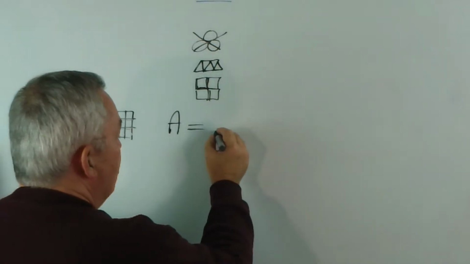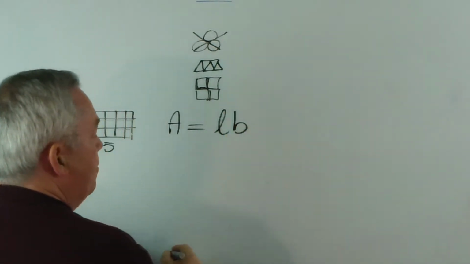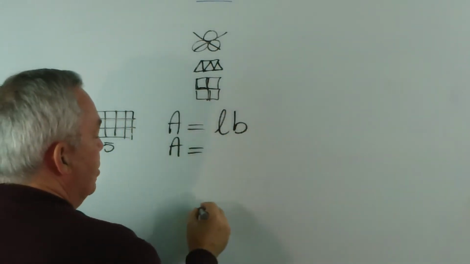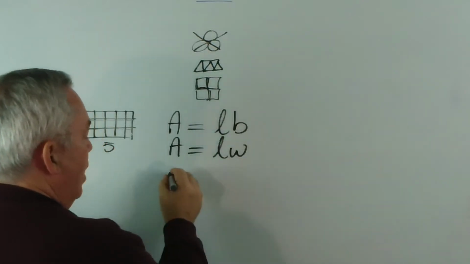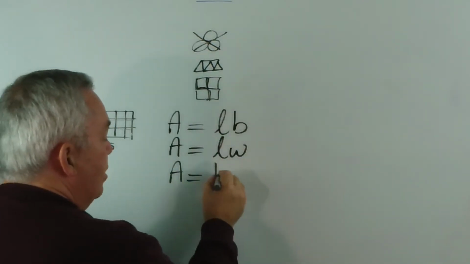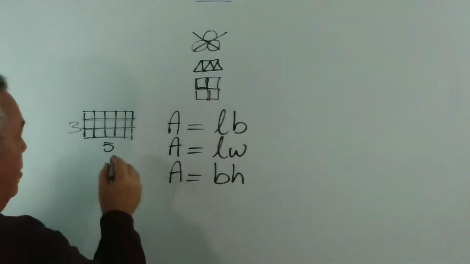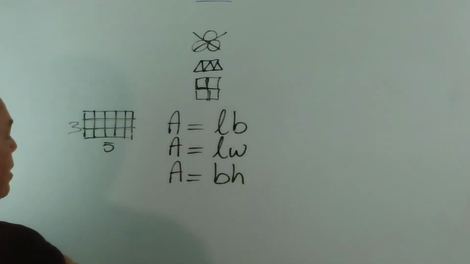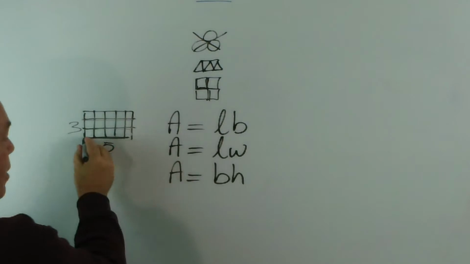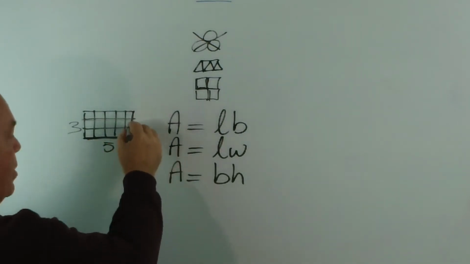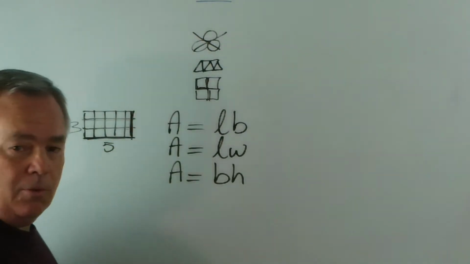A lot of textbooks will call it length times breadth. Some textbooks will write length times width. Others will write base times height, because when a rectangle is sitting in this orientation, this is the base of the rectangle and this is the height. So that's quite a popular formula as well.